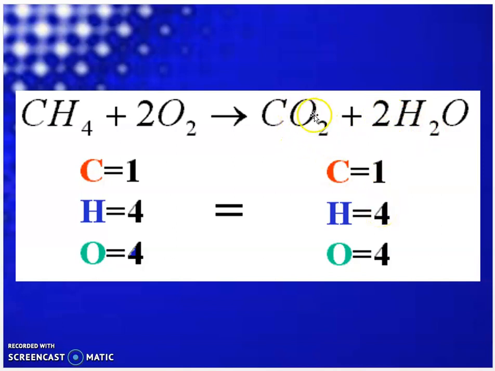Oxygen, there's 2 oxygens here. And remember the coefficient, you multiply by everything in that formula. So there's going to be 2 times 1, so there's going to be 2 more oxygens with a total of 4. Carbons are equal, hydrogens are equal, oxygens are equal. So this chemical equation is balanced and it follows the law of conservation of mass.